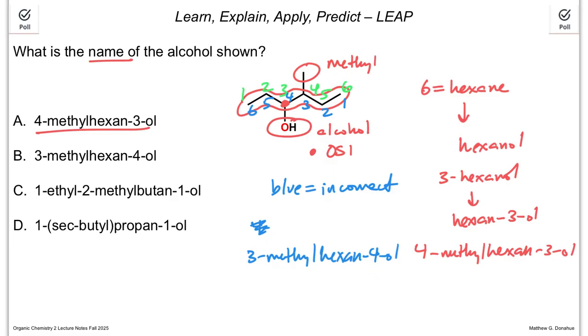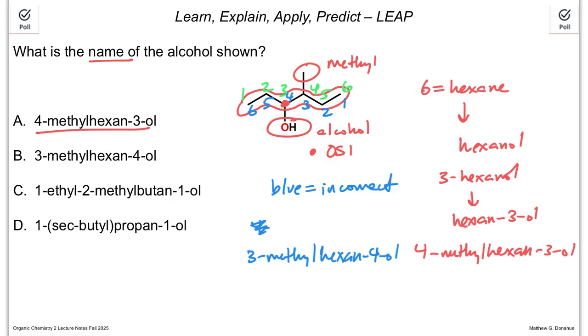So if you take 4 plus 3, and then 3 plus 4, they both equal 7 in terms of the total. This one, again, is not correct because you're giving a higher number to the parent. The parent always has to get the lowest.